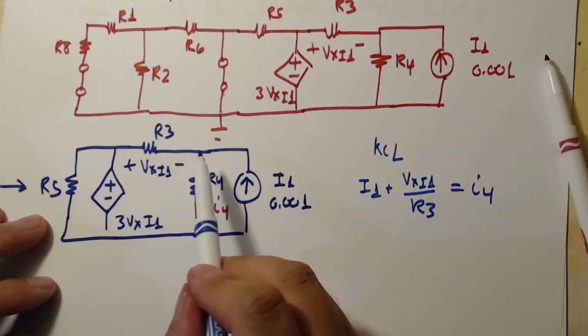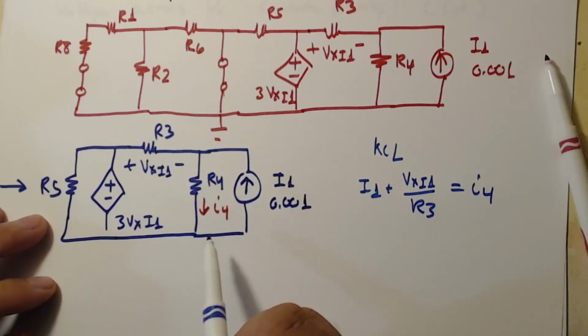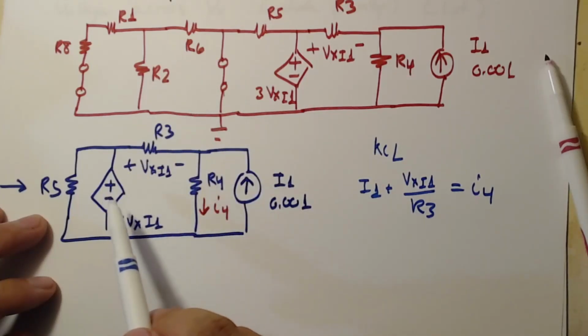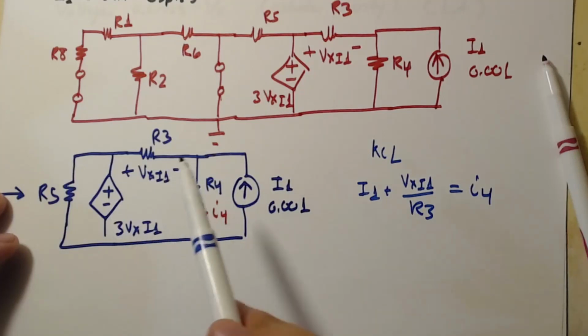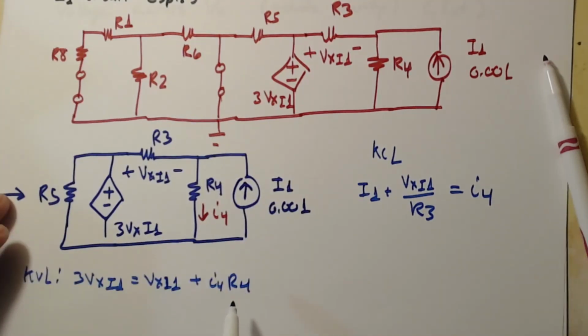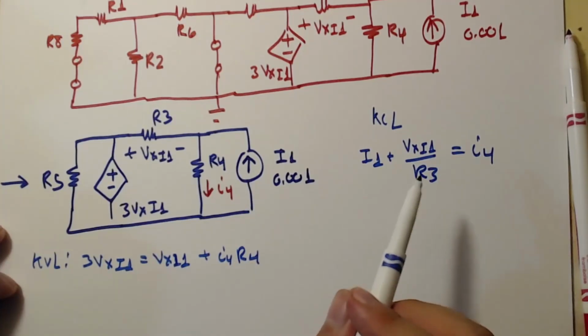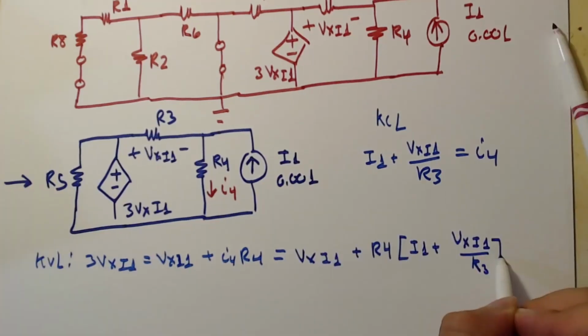So these currents are going in here, and the current's coming out. This makes sense because we're assuming that the potential here is higher than the potential there. So if I do KVL around this loop right here, I would get this. We know what I4 is, so we can just plug this into there. And it would just be that.